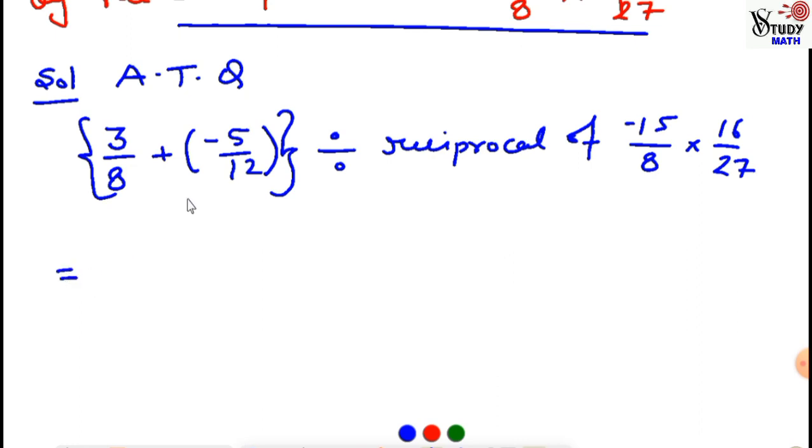So how can you find the sum of these rational numbers? Take the LCM first. 24 will be the LCM. 8 3s are 24, 3 will multiply this 3 and become 9. This positive sign multiplies this negative sign and becomes negative. 12 2s are 24 and 5 2s are 10.